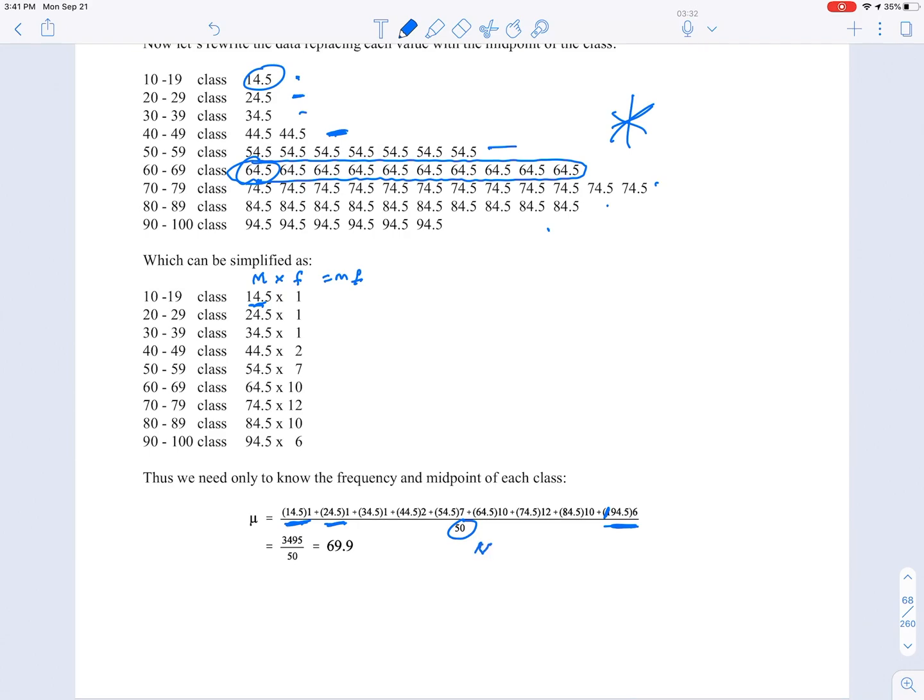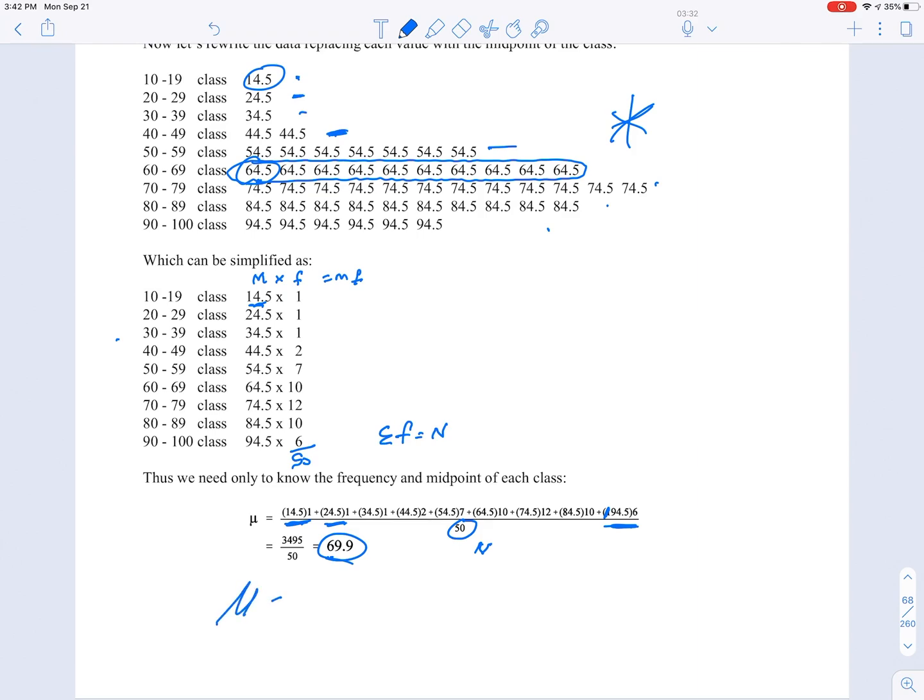What's really important to note here is that this n is not the number of classes, which in this case is just 9. That would give you an error. This is the total of the frequencies, so the sum of the frequencies is equal to your n. Now look what happens. The number that we get is 69.9.